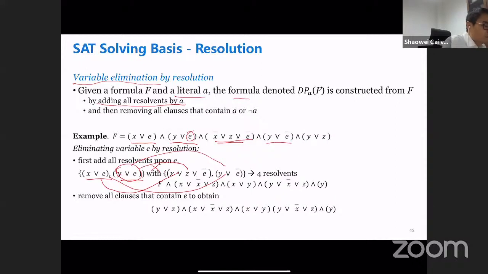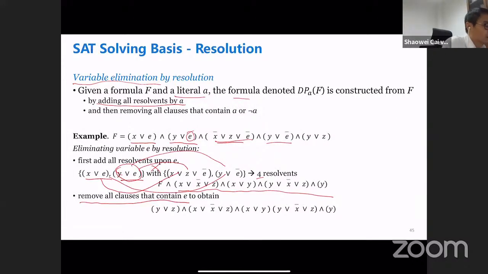Then we have four resolutions, which generate four resolvents. The result is here. We add all four resolvents to the formula and then remove all clauses containing E to obtain this formula.